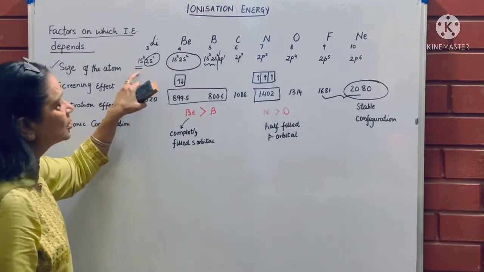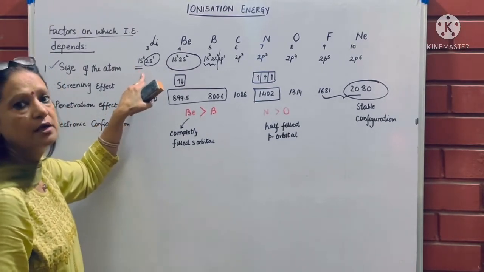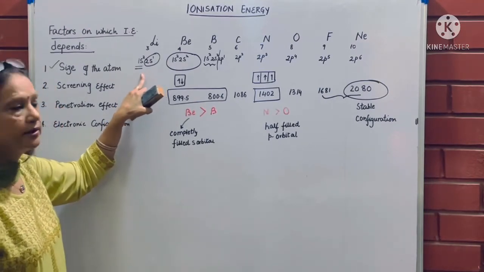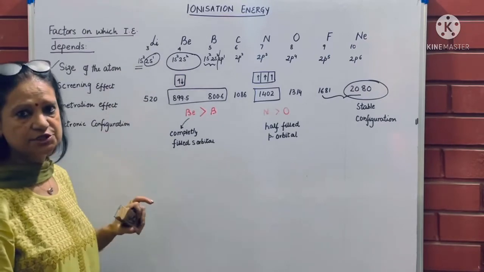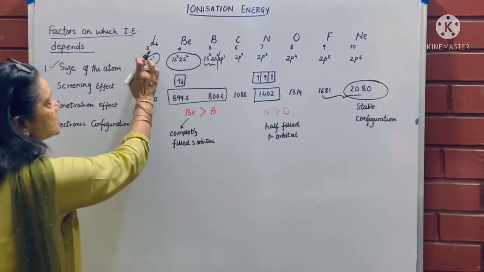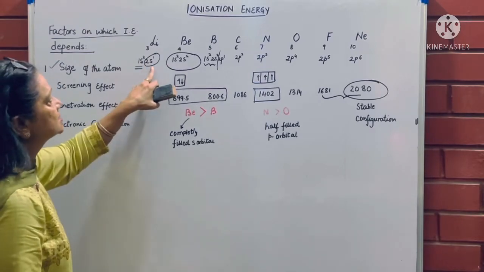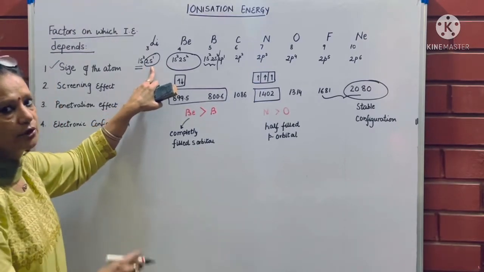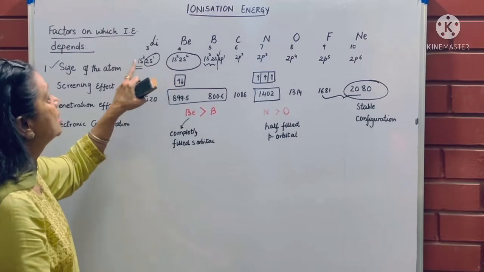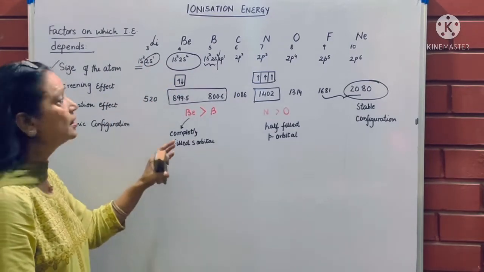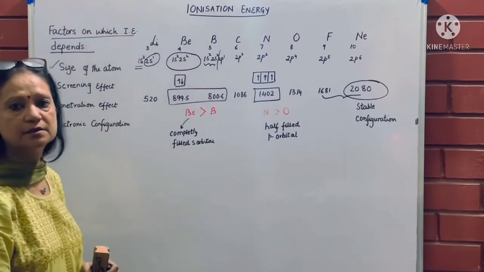But if I want to remove an electron from here, an extremely large amount of energy will be required for the second ionization energy, because this has now become very, very stable. So first ionization energy is low because it wants to lose an electron, but second ionization energy for lithium is extremely high because it has now become stable.